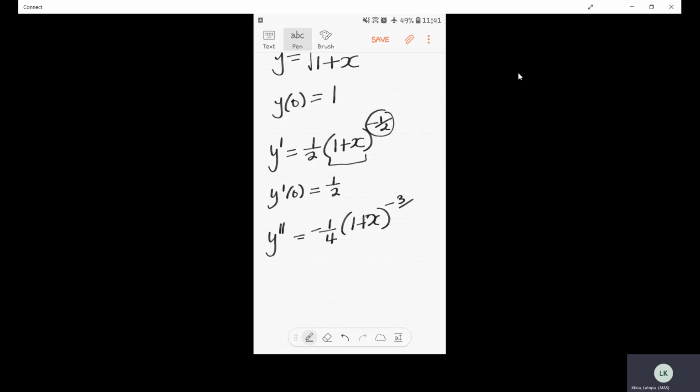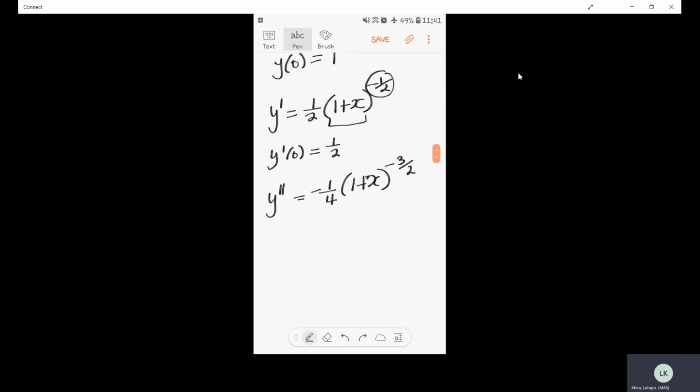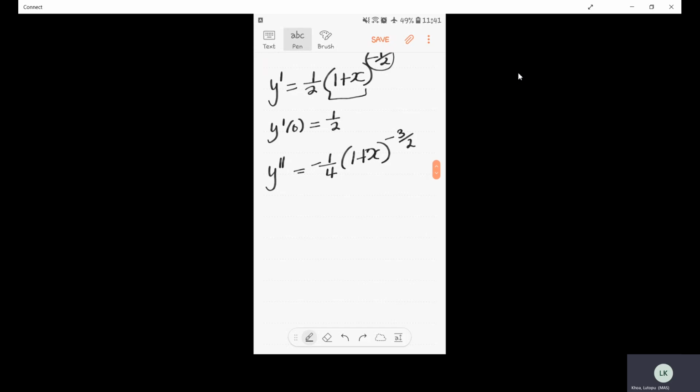So this is minus 3 over 2. When you multiply by the derivative of the inside, you get times 1, but multiplying by 1 doesn't change anything. Then again, you substitute 0 into the second derivative, and this time you get 1 over 4.